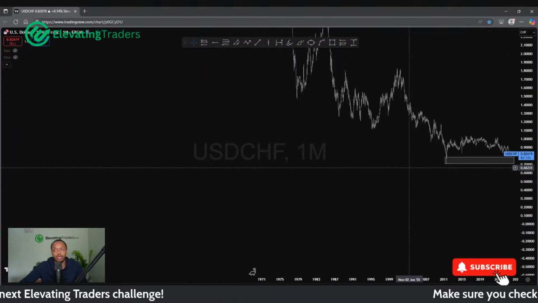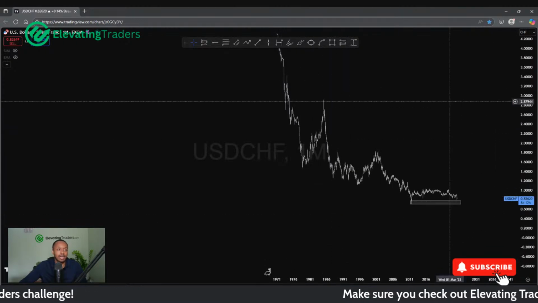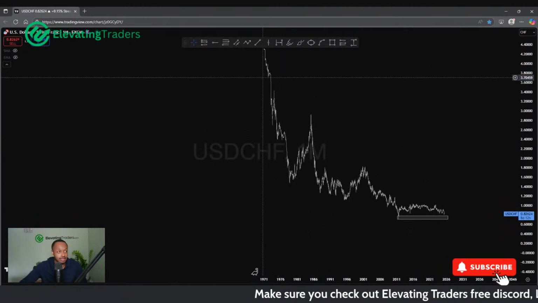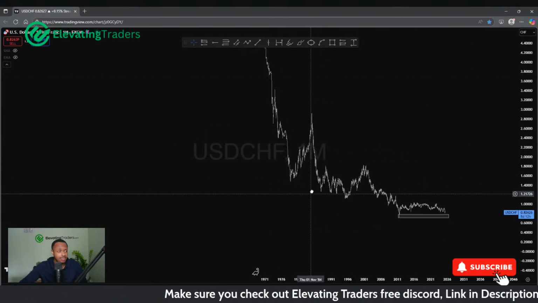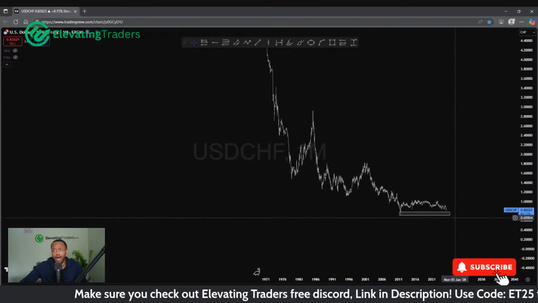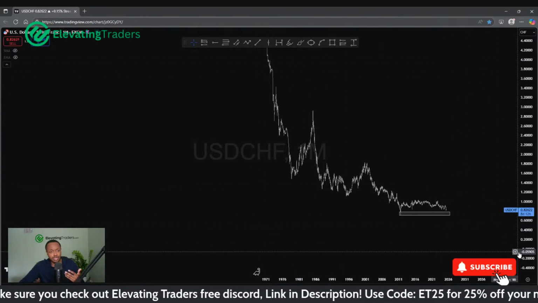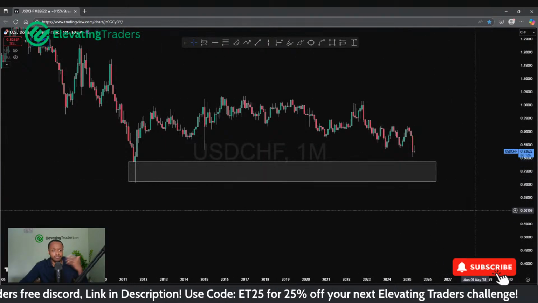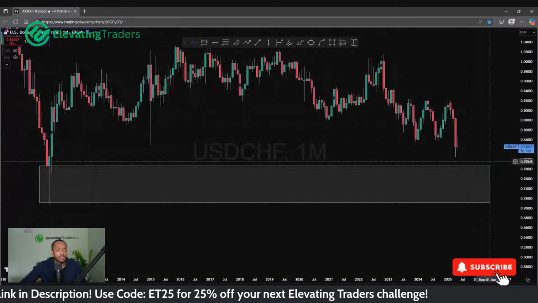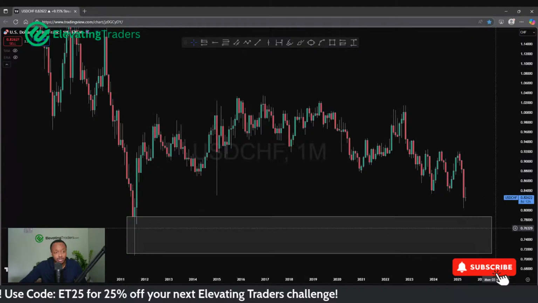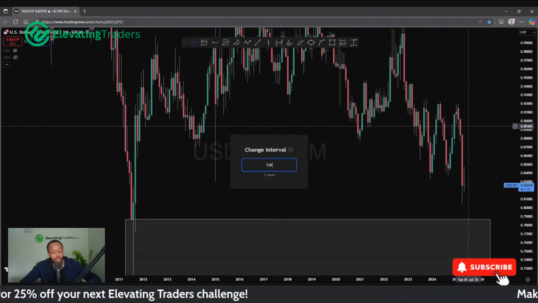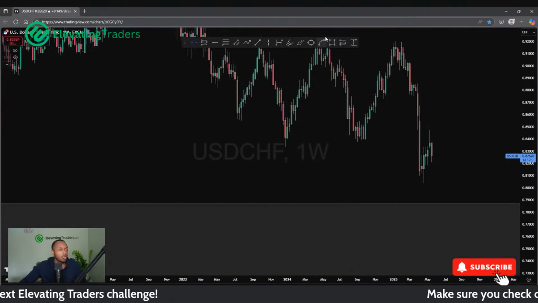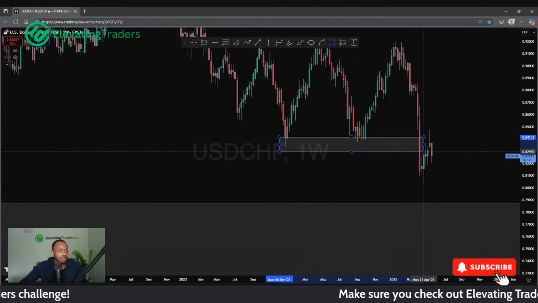If I zoom out and look at the bigger picture, it's a very, very bearish market. Since 1970, we've been in a downward spiral here, so I don't think anything has changed significantly. I think we're going to end up back at support eventually. So dollar CHF is still very bearish, still likely to keep falling. It does look like that support here has held and turned resistance.